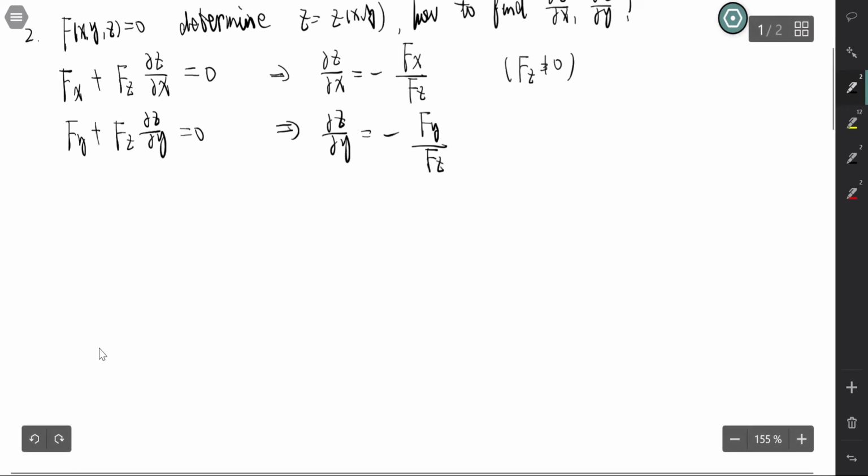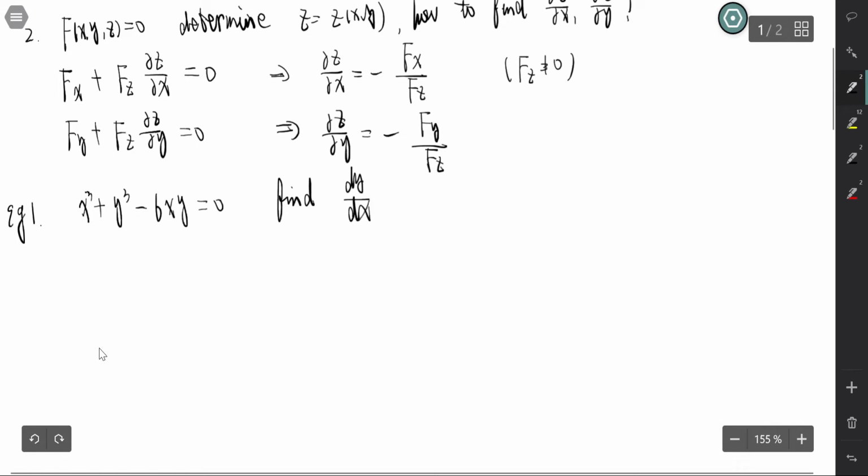Now let's look at some examples. The first example is x cubed plus y cubed minus 6xy equals 0. Find dy over dx.